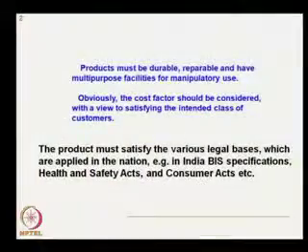Products must be durable, repairable and have multipurpose facilities for manipulatory use. People do not like to buy a specific product for a specific purpose only.